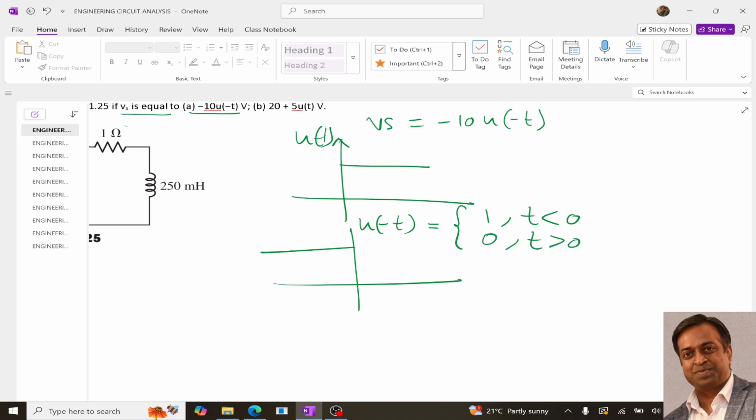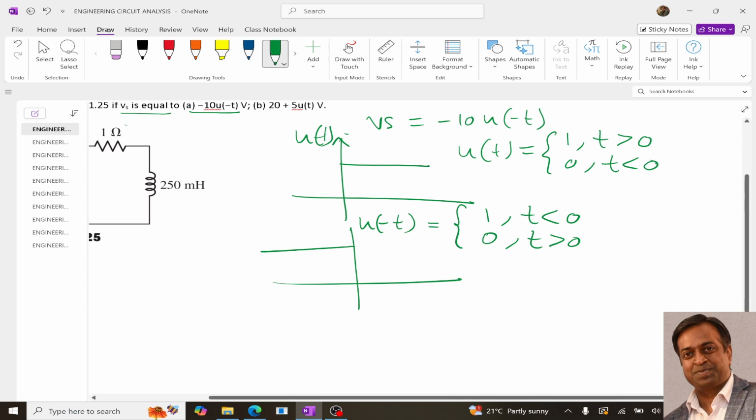So it is opposite to u(t). We know that u(t) is 1 for t greater than 0 and 0 for t less than 0. So u(-t) is just opposite to u(t).